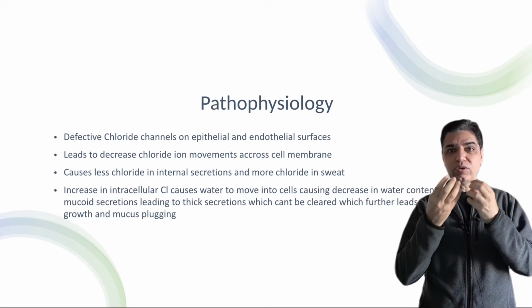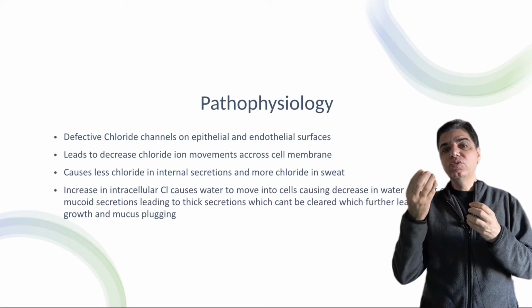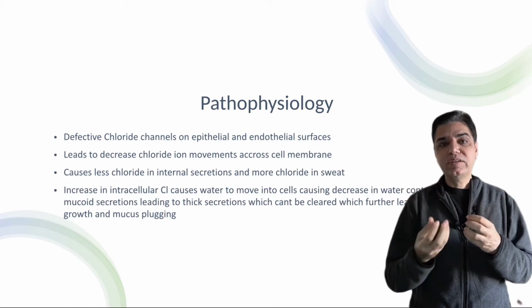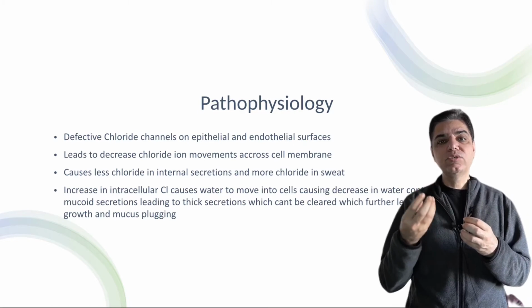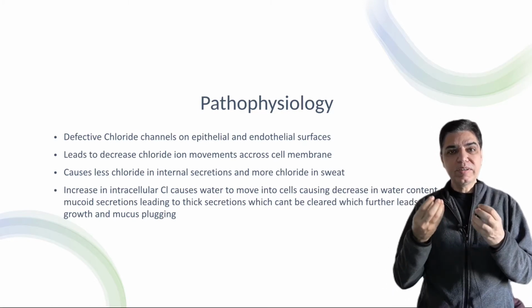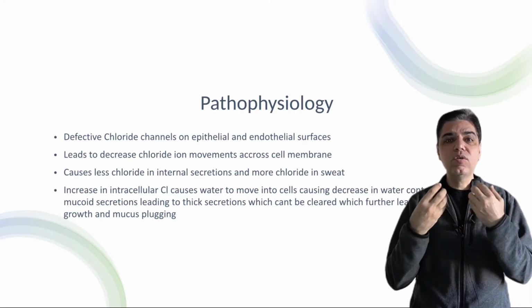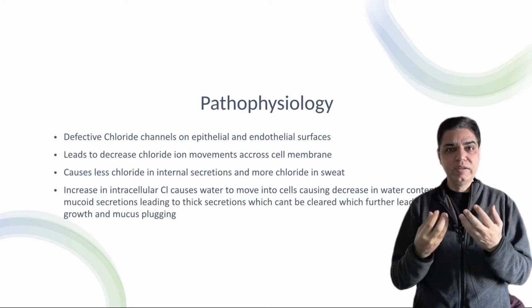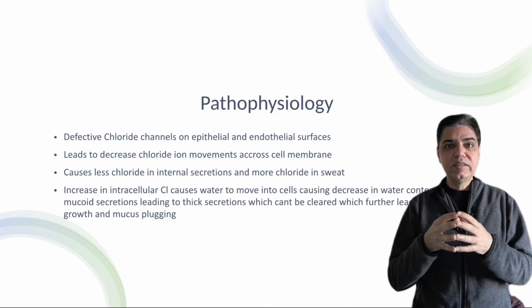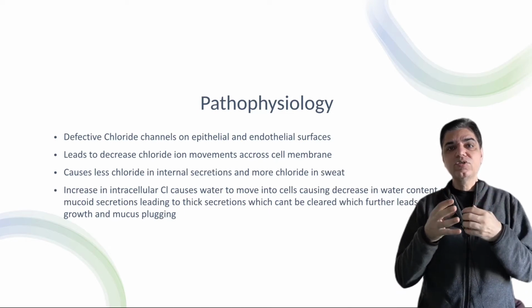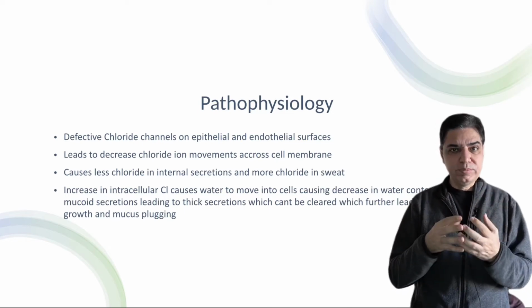Similarly, the sodium would not go back inside the cells because of the defective ENaC channels. So the sweat would contain a lot of sodium and a lot of chloride, and that is one of the bases of diagnosis as well.